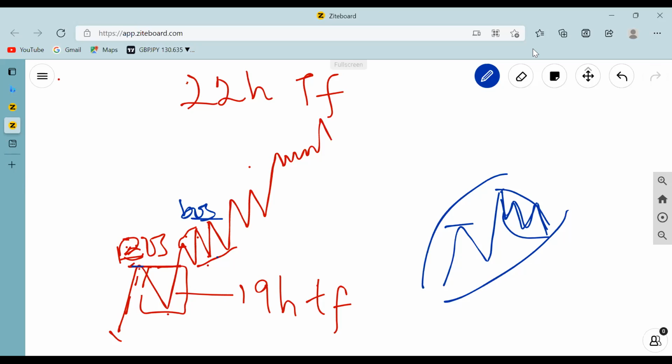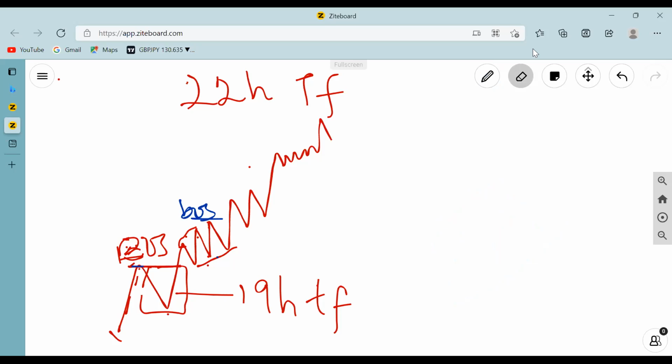So since we now have that scenario, the next thing we want to know is what we have here right now. Let me erase this first. All right, so we can now assign another time frame to this first range structure.